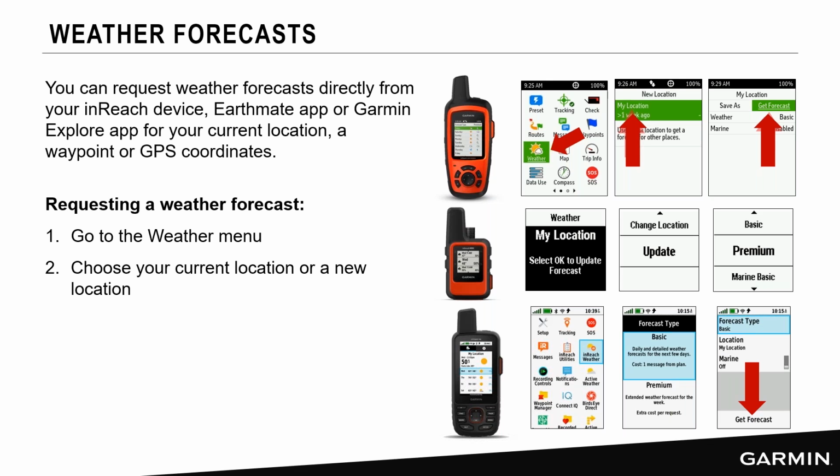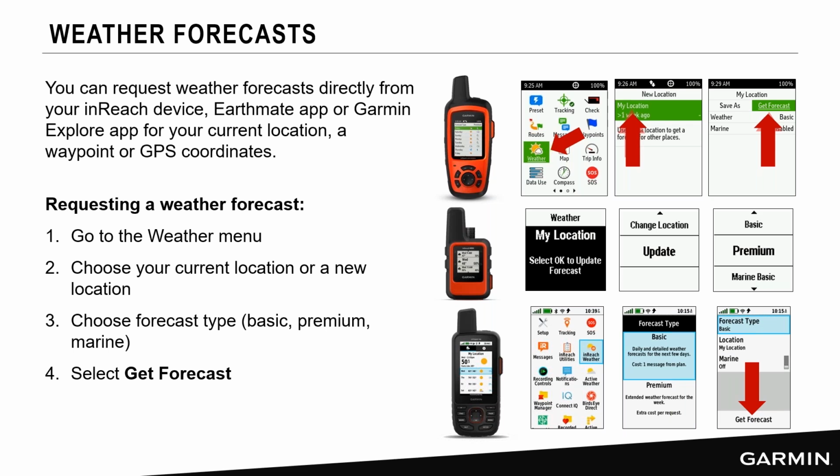You can get a weather forecast for your destination to know what might be happening there. Then you choose basic, premium, or marine, where basic and premium have the same attributes, but one has longer duration, and marine focuses on the mariner forecast, wave heights and that sort of thing. And then you choose to get the forecast.